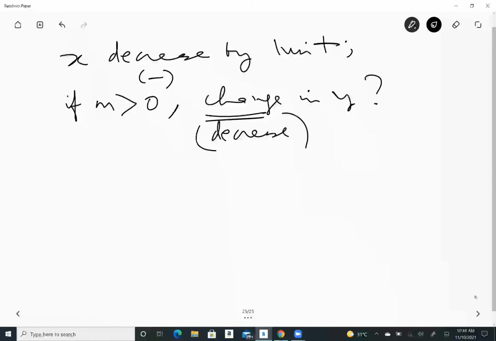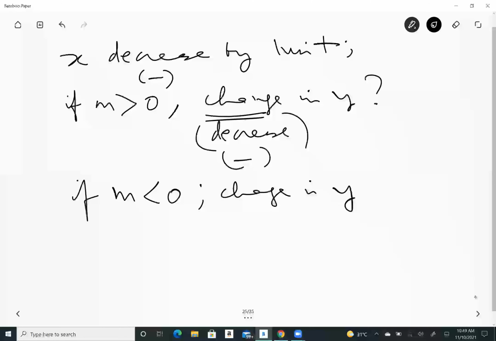If X decreases by 1 unit and the slope is positive, it means the change in Y must be negative, a decrease, so that you have a positive M. Now, if M is negative, what about the change in Y? Increase. If X decreased by 1 unit, here Y will increase.